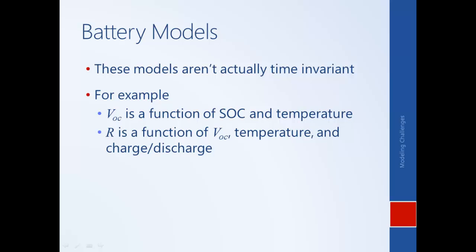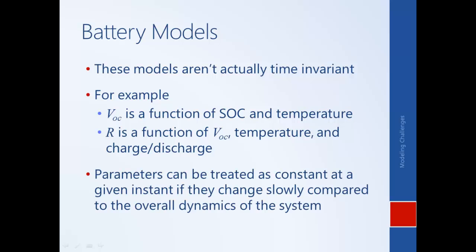Furthermore, the internal resistance of a battery has been shown to be a function of the open circuit voltage, the temperature, and whether or not the battery is being charged or if it's being discharged. If we have a situation where these parameters are changing slowly as compared to the dynamics of the other parts of the system, then it's reasonable to treat them as constants. And again, this is something that may not be that intuitive, but we will show it mathematically later on.